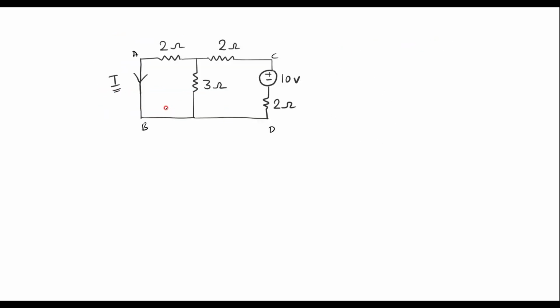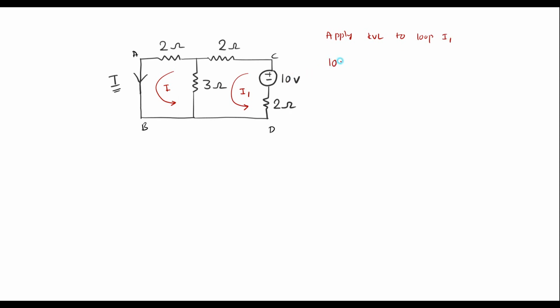So now again I will solve this using loop analysis. Let the current through this loop be I1 and the current through this loop be I. Apply KVL to loop I1.